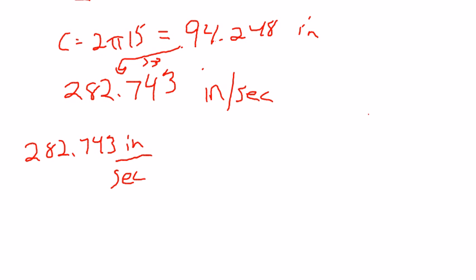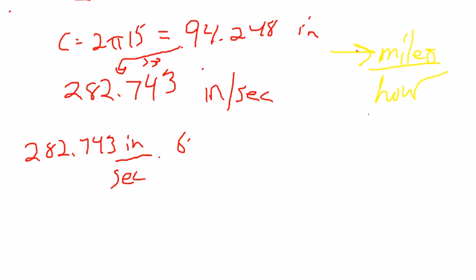I need to know conversions, so I'll write it over here. When I get to miles per hour, I've got to convert the inches into miles and the seconds into hours. So I'll do the seconds into hours first.